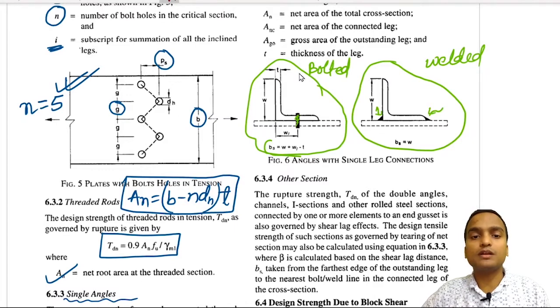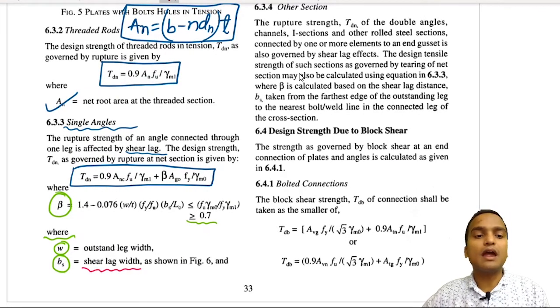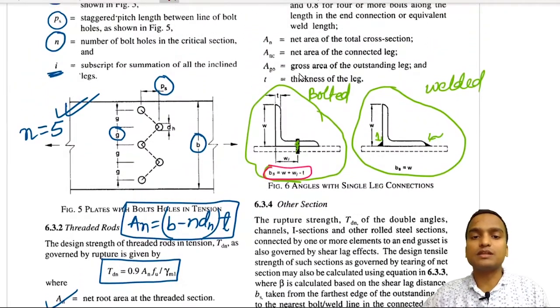Now you have to look at this formula given here for bs. bs is called shear leg width, and w is called outstand leg width. You can see these leg widths in case of bolted connection single angle sections.